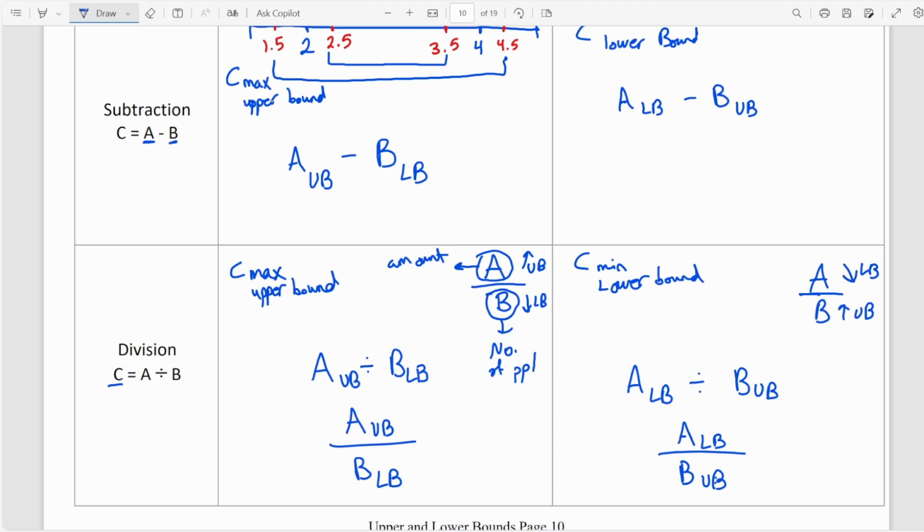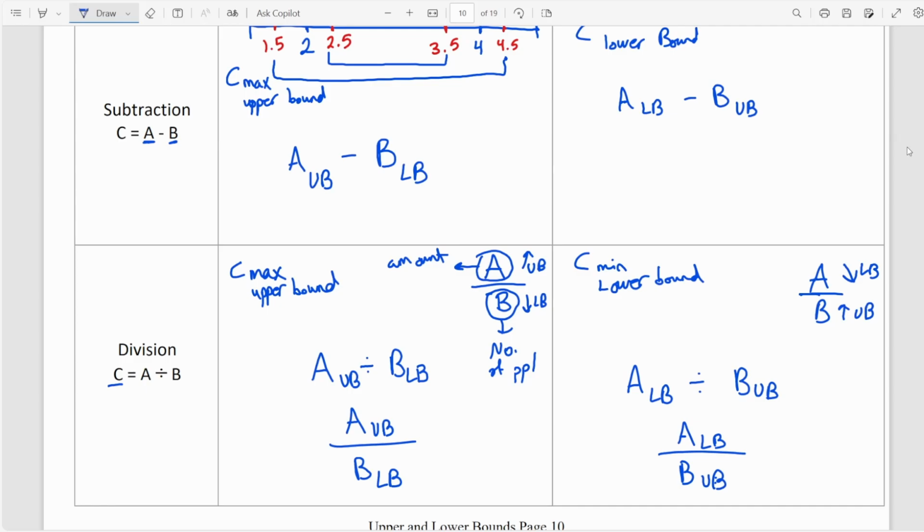The first one, if you want an upper, the first is an upper, and the second is a lower, okay? And if you want a lower bound for C, the first is a lower, and the second is an upper, okay? So if you feel more comfortable memorizing those rules, there's nothing wrong with that. But it's really important to actually also understand where they come from, okay? The logic behind them.